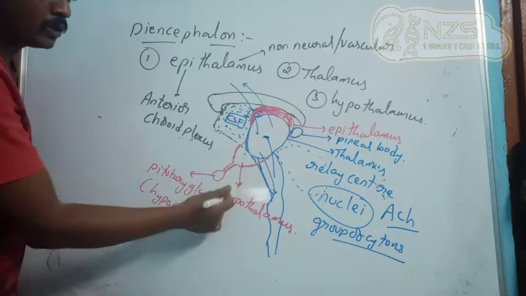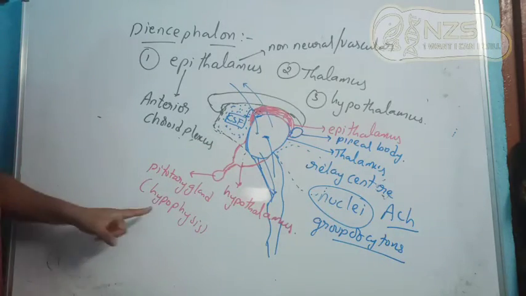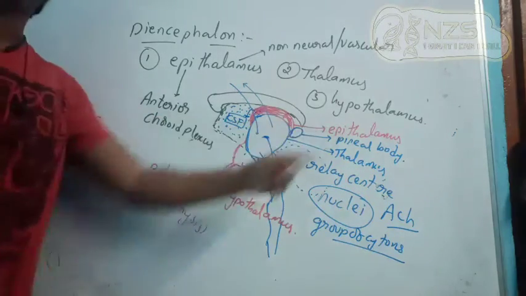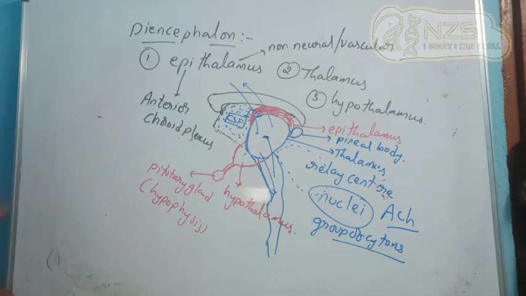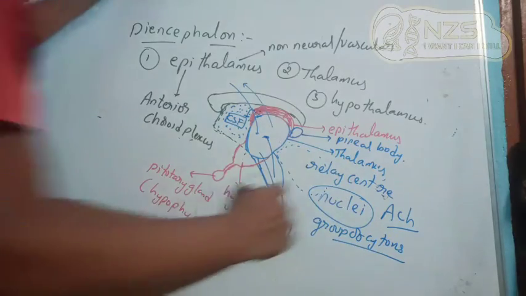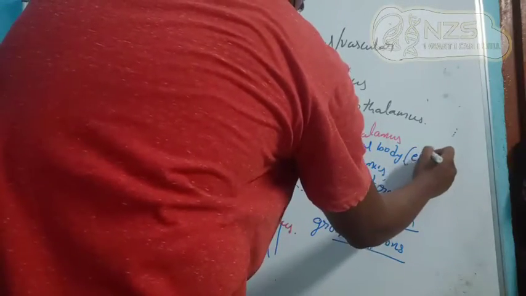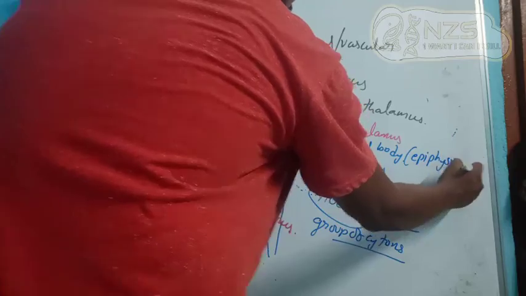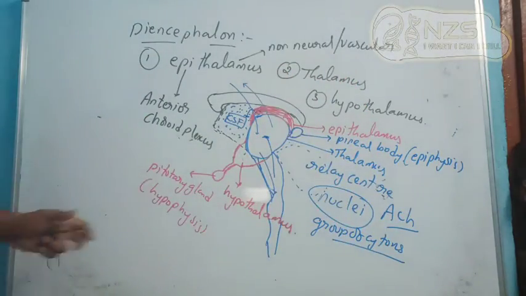Because it is present below the thalamus, it is called the hypophysis. Now what can you call the pineal body? Epiphysis, because it is present on the thalamus, or on the diencephalon to be exact. So the epiphysis, the pineal body, is the topmost part, and the hypophysis is the lowermost part.